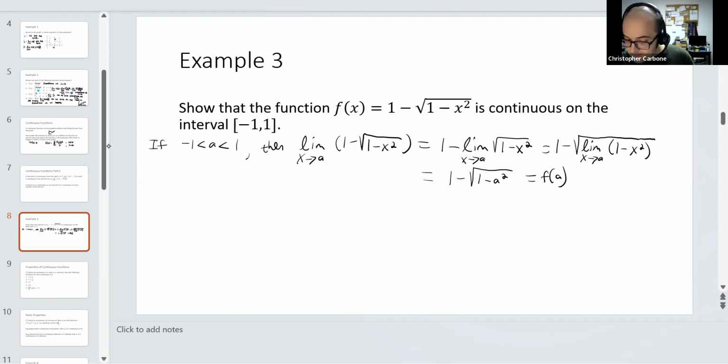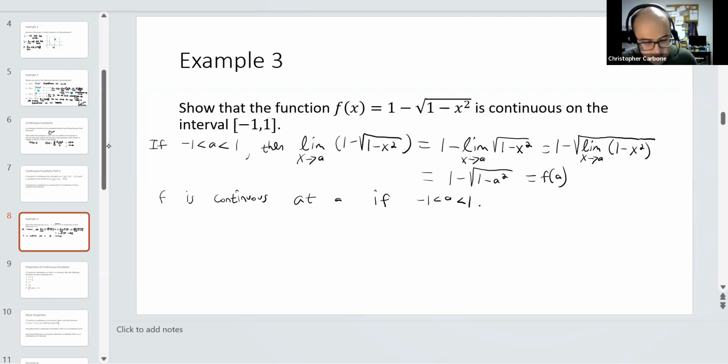So because of this, f is continuous at a, if a is between -1 and +1. Mind you, that's for that open interval.